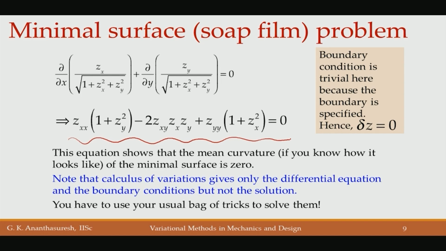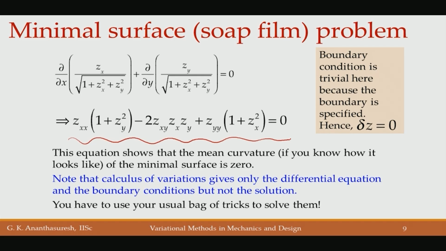Any loop of wire you take, there will be a minimal surface, and soap films instantly solve this differential equation. How do they do it? They do not actually know calculus of variations as we know it, but what they try to do is minimize the surface area to minimize the surface energy that they have. Soap films always minimize surface energy and hence the surface area.